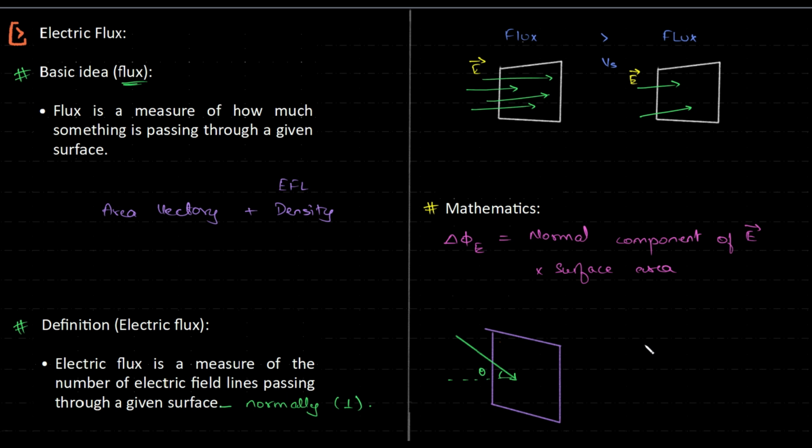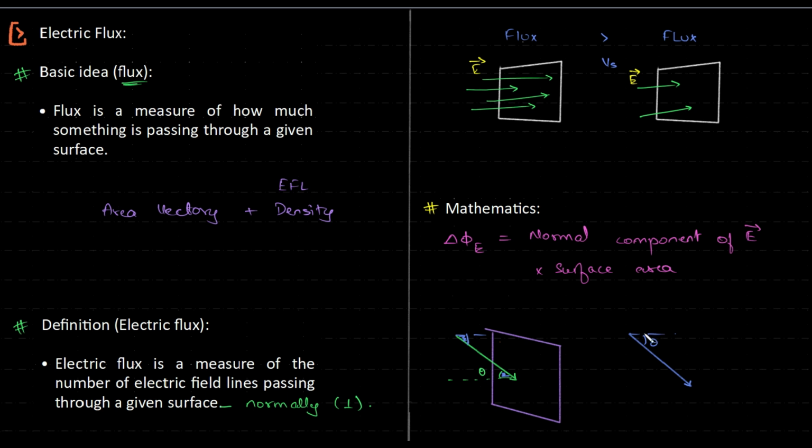So if I have the line to be something like this, and if this angle is theta, why is that theta again? These two are parallel, and these two act like alternate interior angles, is it not? So this angle should be equal to this angle. This and this have to be equal.